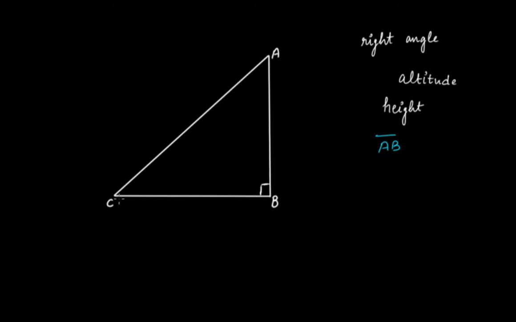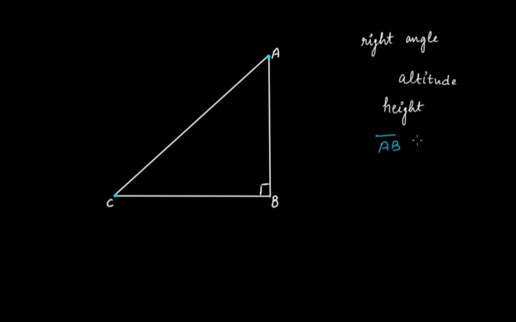Same thing from this vertex C. From this vertex C, can you draw another line that will make 90 degree on this one? No, because this is already a line segment that is making 90 degree on this side, right? So from C also you cannot draw another altitude or height.